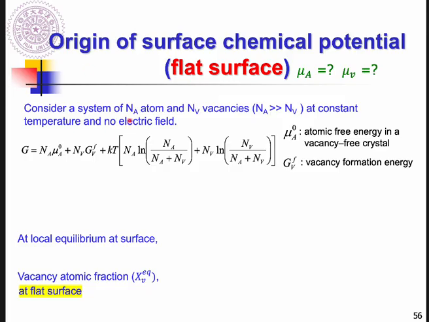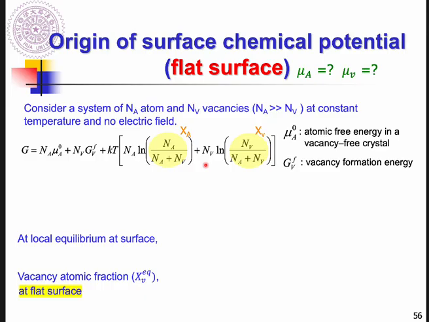Because we only have 2 components, atom A and vacancy, the total Gibbs free energy can be written as mu A0 times N_A, the number of atoms A, plus the number of vacancies times the Gibbs vacancy formation energy, plus kT times N_A ln X_A and N_V ln X_V. We have told you this before.